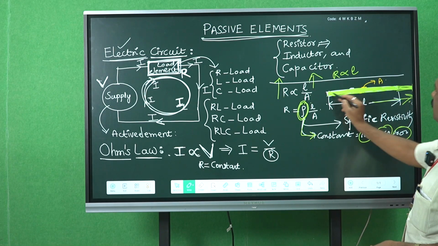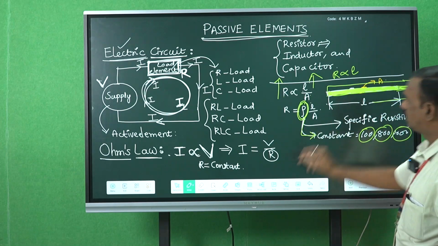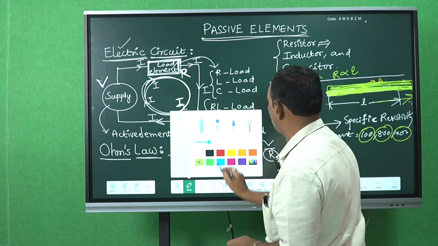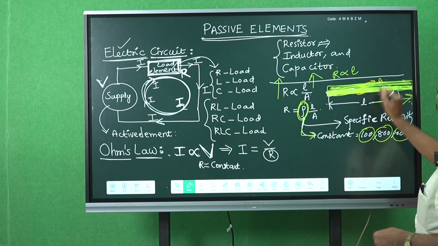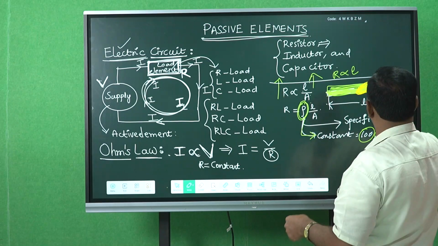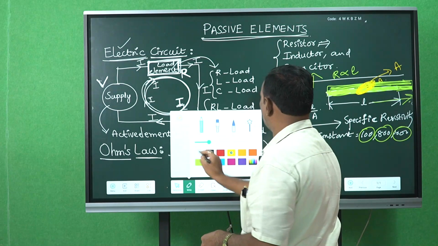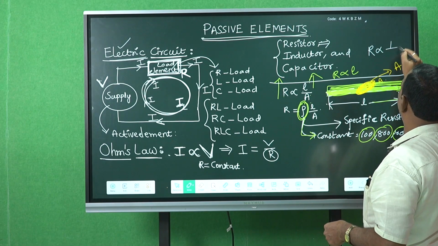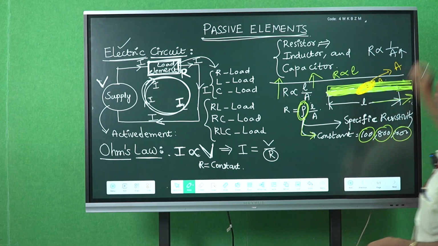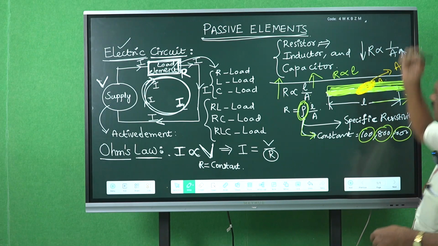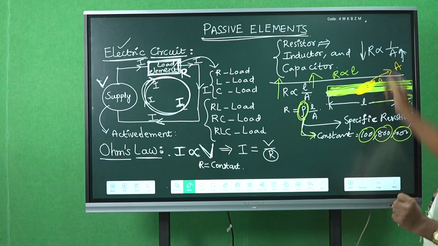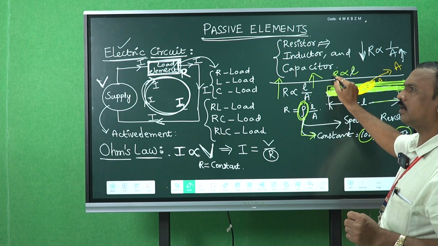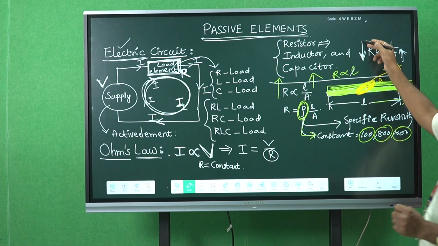If the cross-sectional area increases, the corresponding resistance decreases. So if the length increases, resistance increases. If the cross-sectional area increases, resistance decreases.